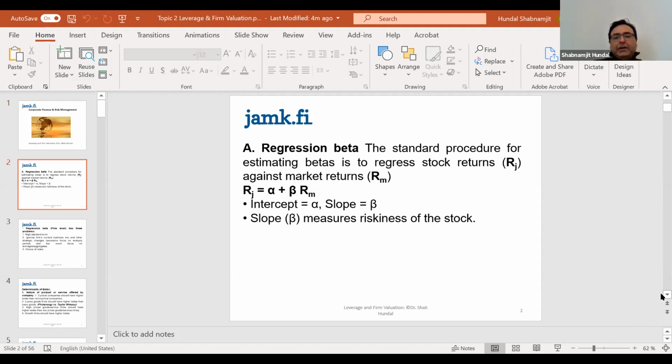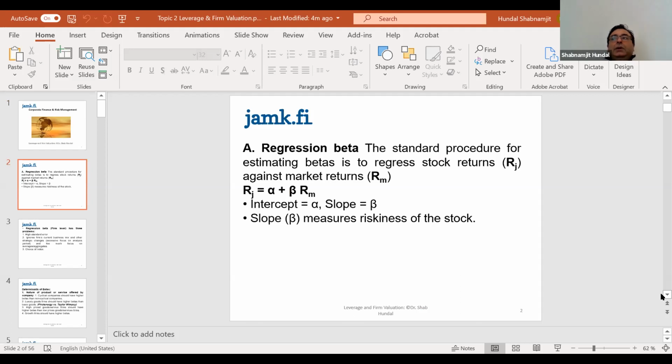Before I go forward, I want to have a quick recap of the regression beta that we discussed in a previous meeting. Do you know that we discussed slope?